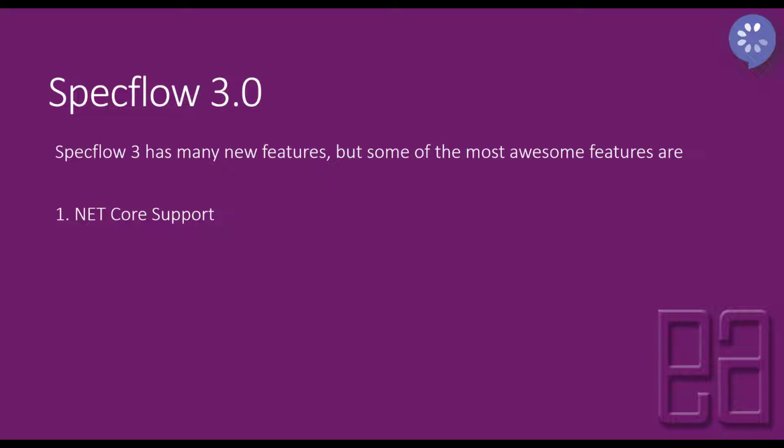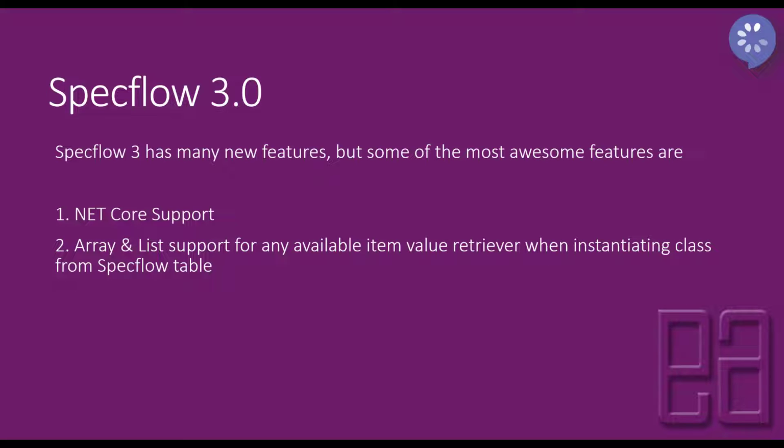But right now Specflow officially supports .NET Core, and there is also support for ArrayList and array for the available items value retriever when instantiating classes from a Specflow table. This was something which was not happening, and we always tried to have a workaround for it, and right now you can see that this support is available out of the box.